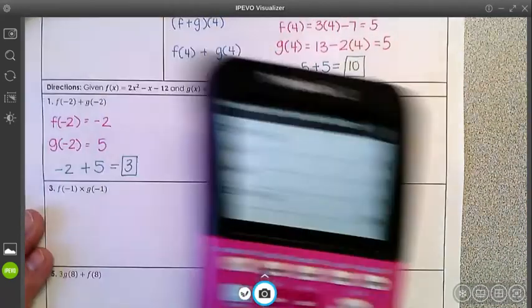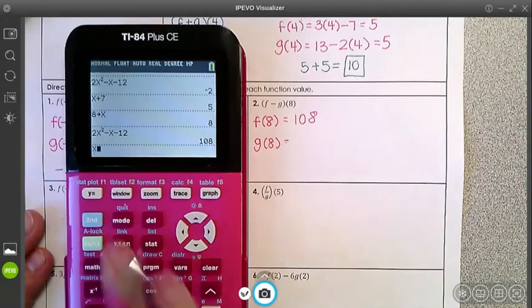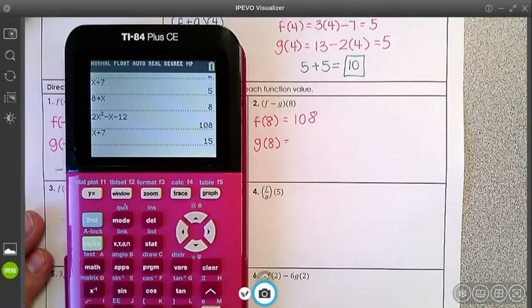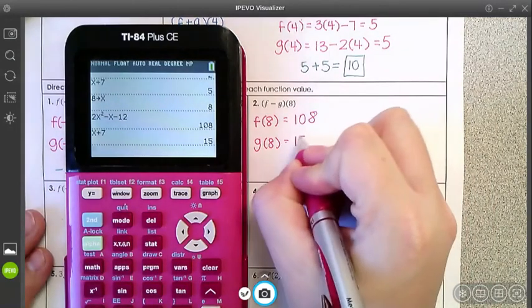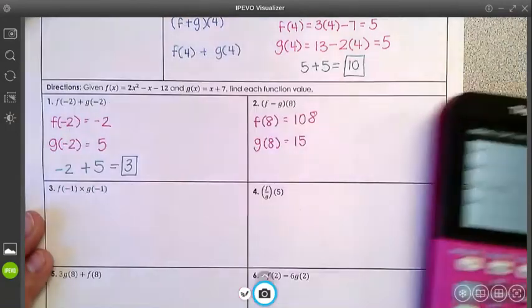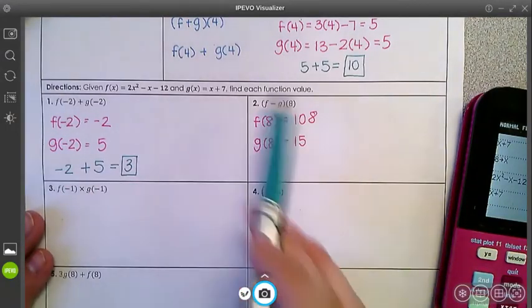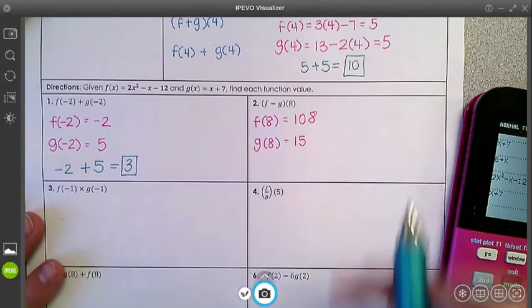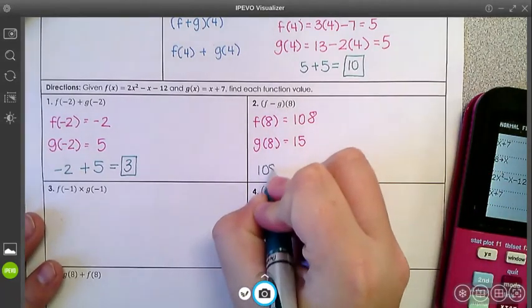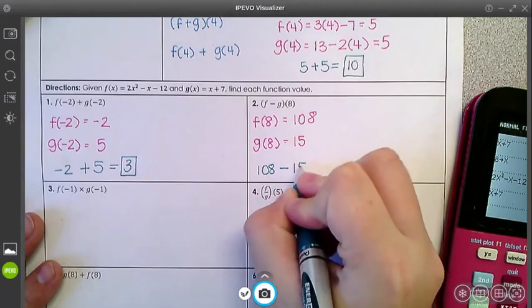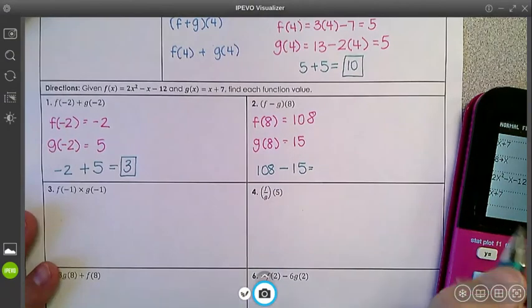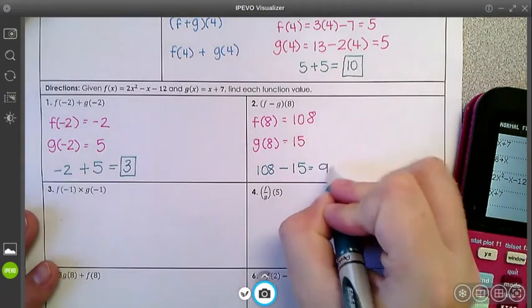And then g of 8, that's x plus 7, which is 15. And it's f minus g. So 108 minus 15, and that is 93.